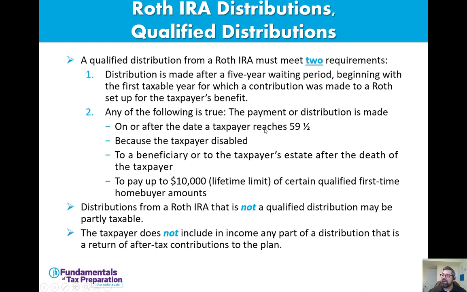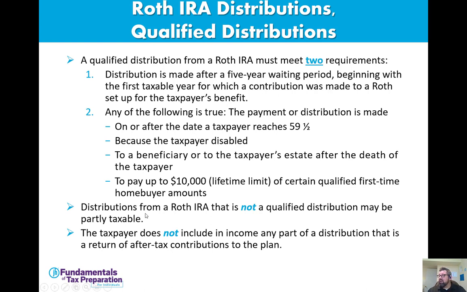It could also be because the taxpayer is disabled. It could be to a beneficiary upon the death of the taxpayer. And then you can also use $10,000 in your lifetime as a first-time home buyer exemption for a down payment on a house.